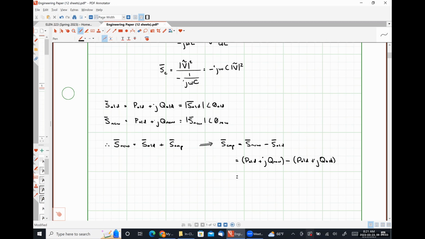The P olds wind up canceling each other out, and we're just left with J times Q new minus Q old. I want to point something out here.